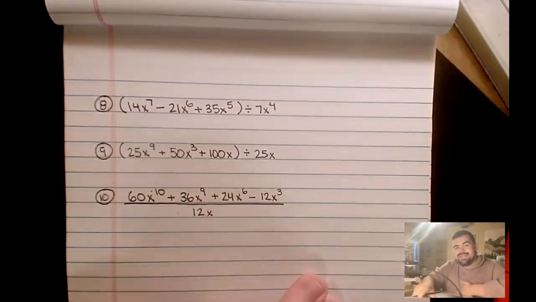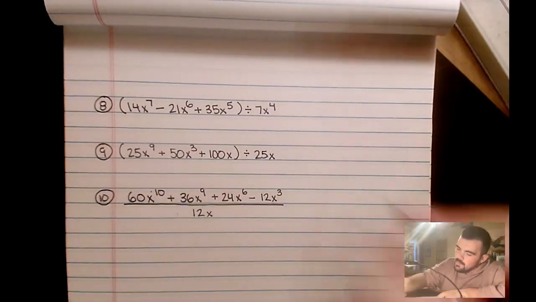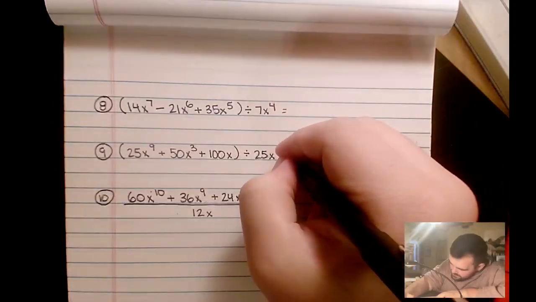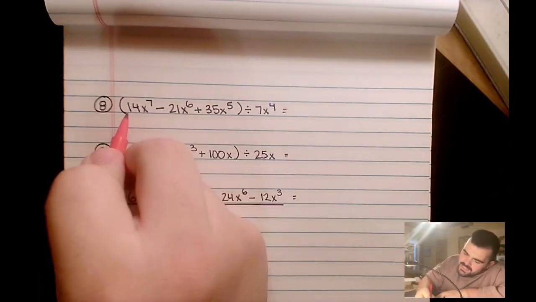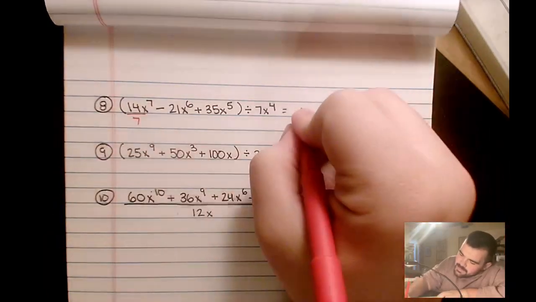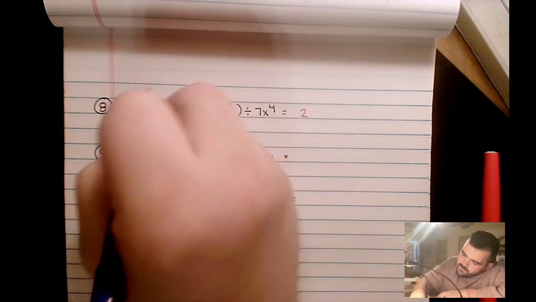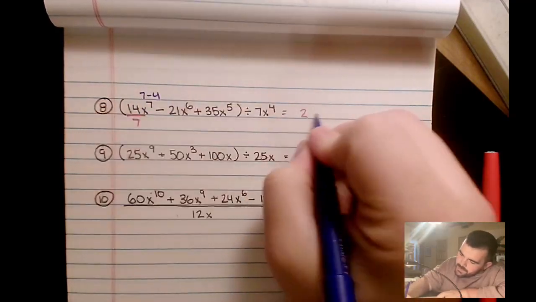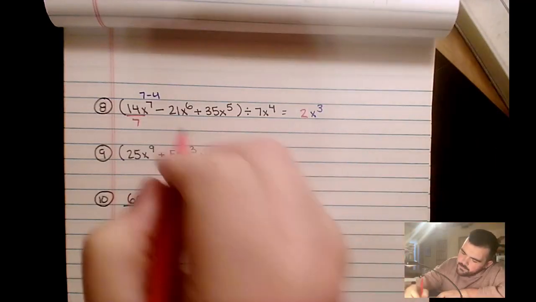Please try 8, 9, and 10. Okay, so let me write my little equal signs out here. 14 divided by 7 is 2. x to the 7th, subtract 4, 7 minus 4 is 3. Start over.